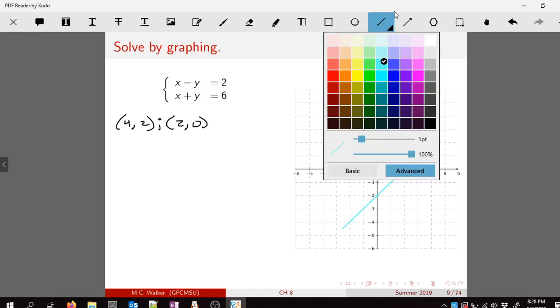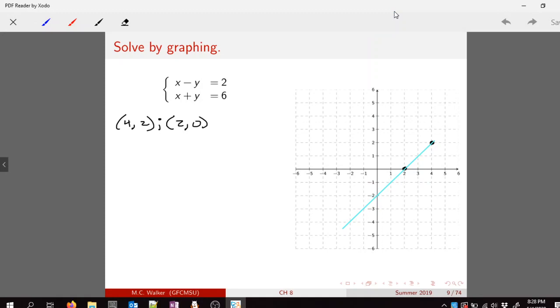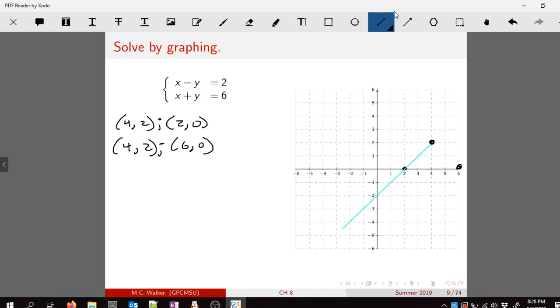And then I could take pairs of numbers that add to 6, like (4, 2) and (6, 0). Connect those dots. And we can see that right there, that's our solution, (4, 2). It's a point that both lines have in common.